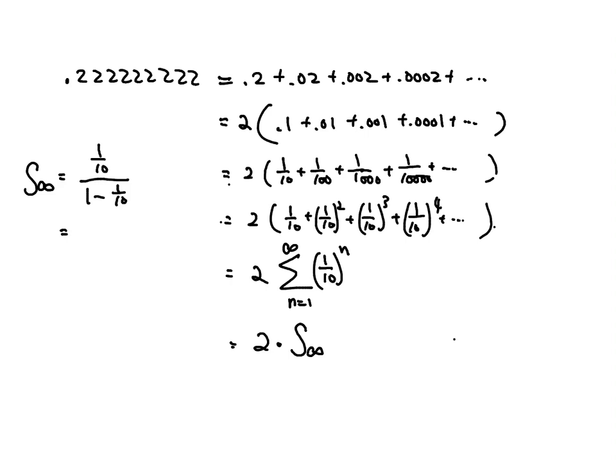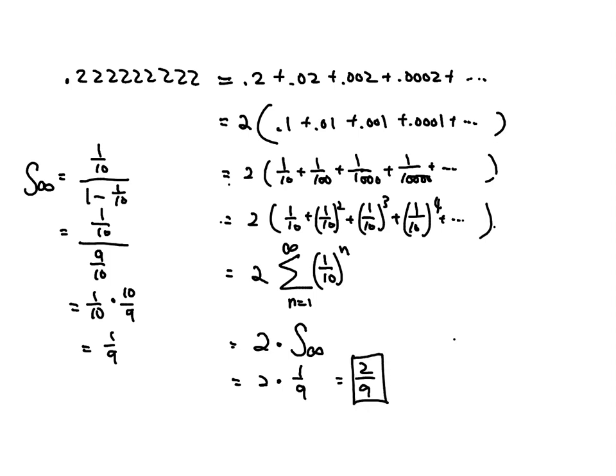So this is 1 over 10 over 9 over 10, which is 1 over 10 times 10 over 9. So it's 1 over 9. So this is 2 times 1 over 9, which is 2/9.